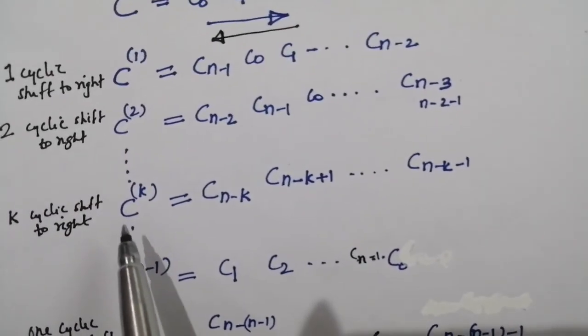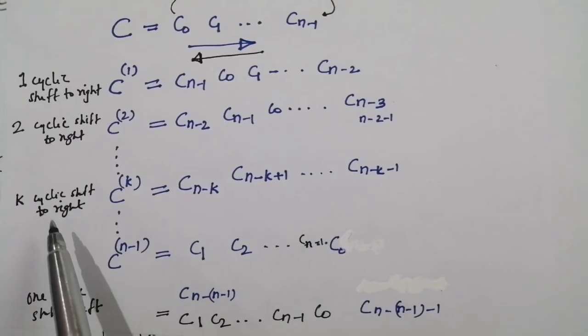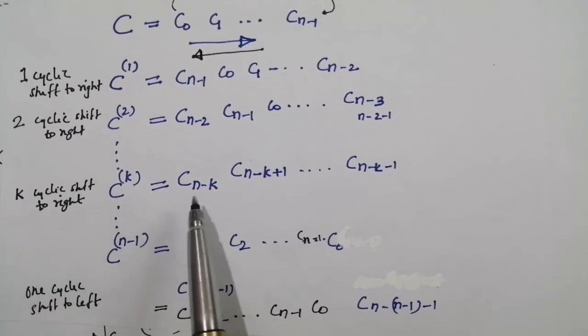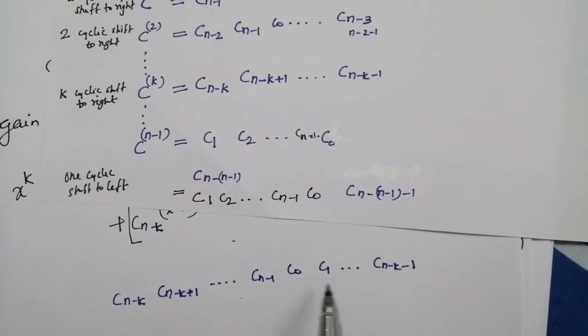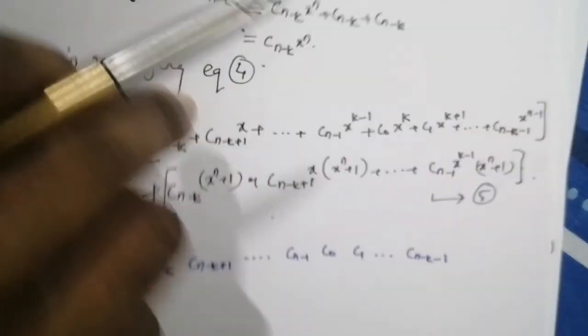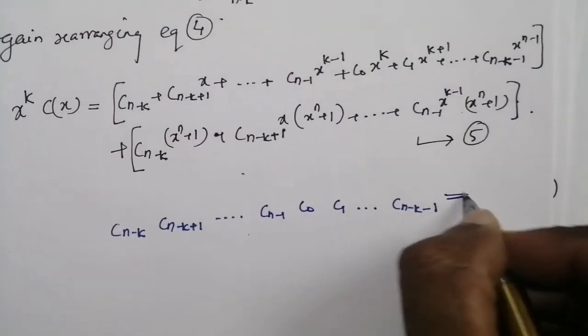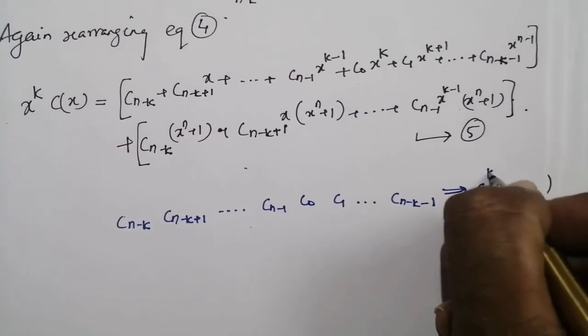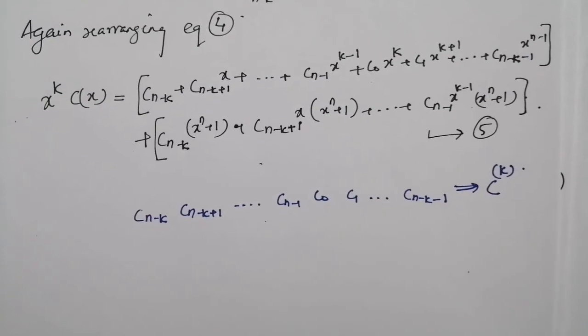So you can see that c of k, that is by giving k cyclic shift to right, that is c of k is cn minus k, cn minus k plus 1 etc., c0, c1 etc., cn minus k minus 1. So this will be c of k, that is k cyclic shift to right.